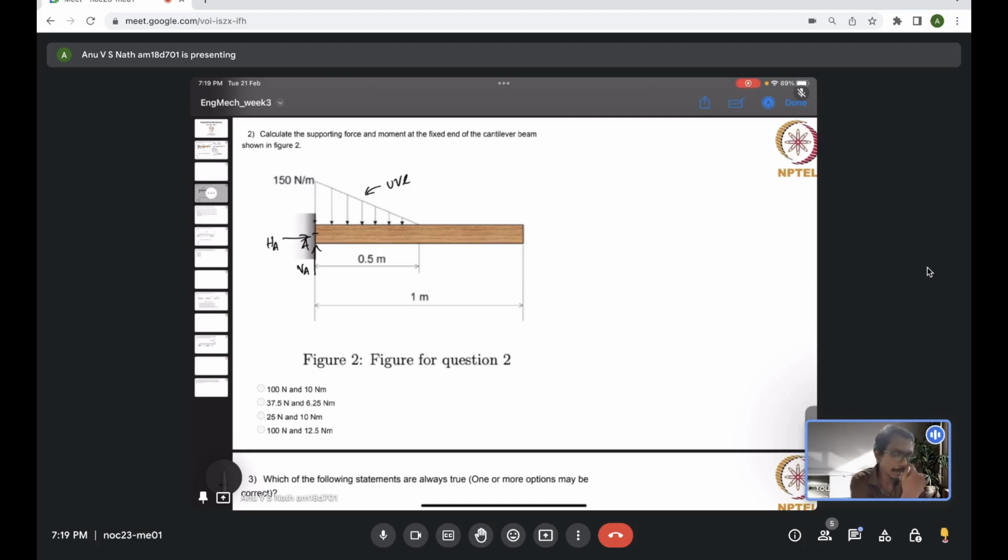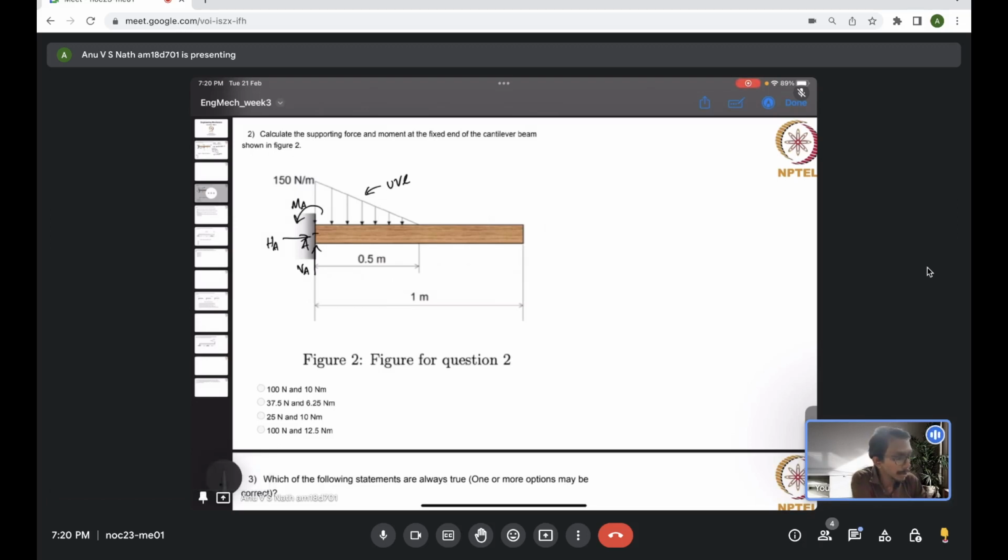As mentioned earlier, here there won't be any horizontal reaction, but for general purposes we will consider that also. Then you can have a supporting moment also. So let's say MA is the reaction moment at the location A.